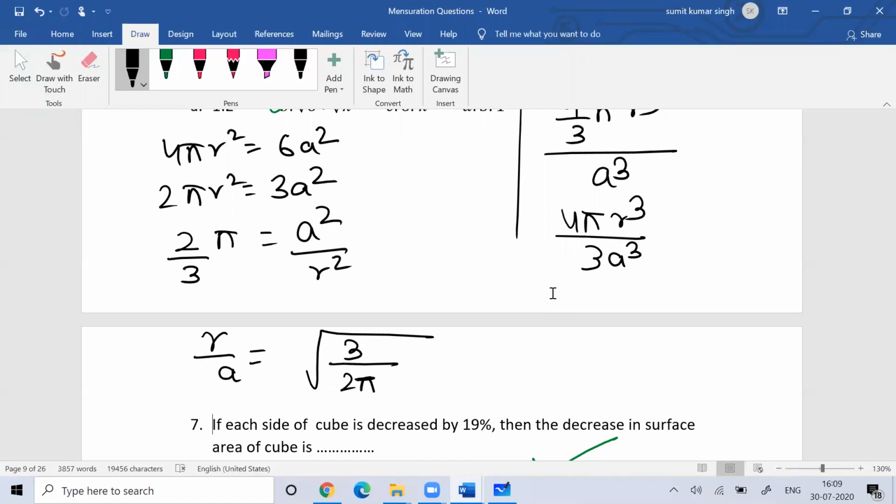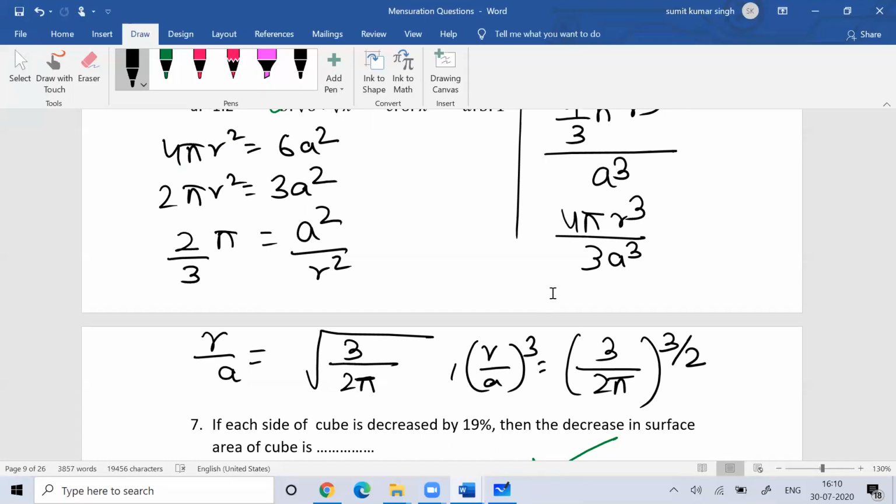So if you want r by a whole cube, this is squared. So this would be 3 by 2 pi, and the square root is 1 by 2. This is 3 by 2 times 3 by root 2.